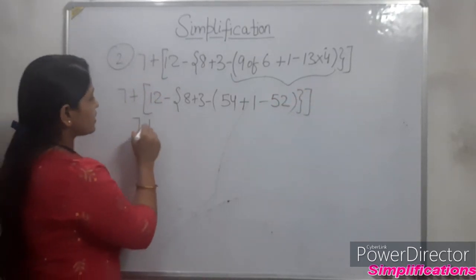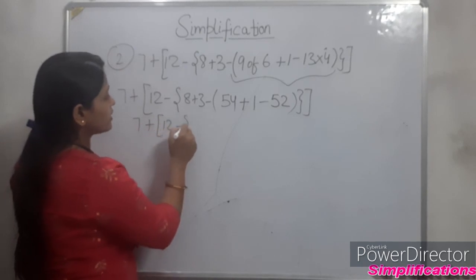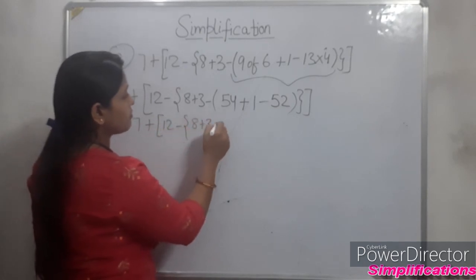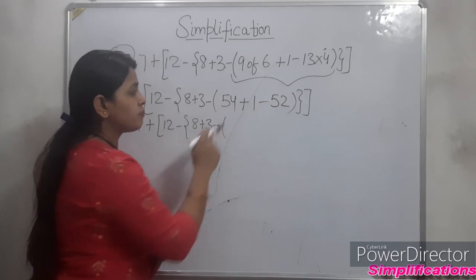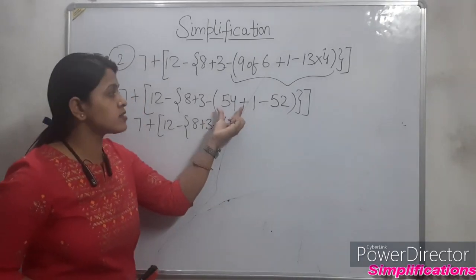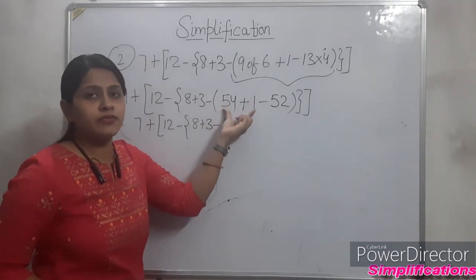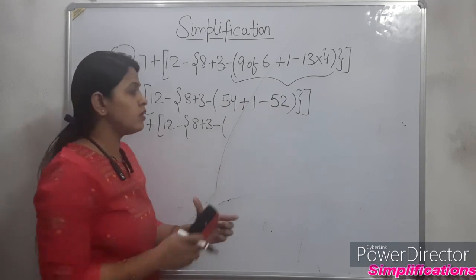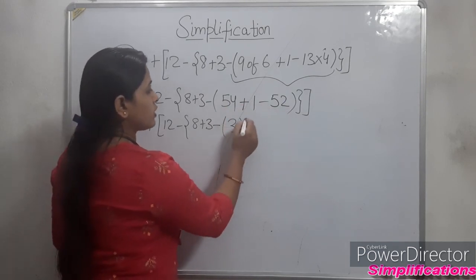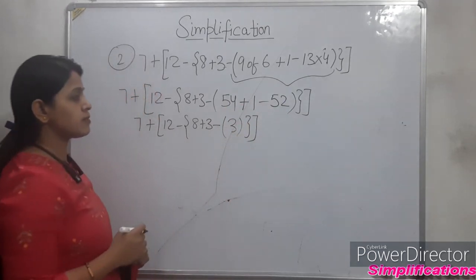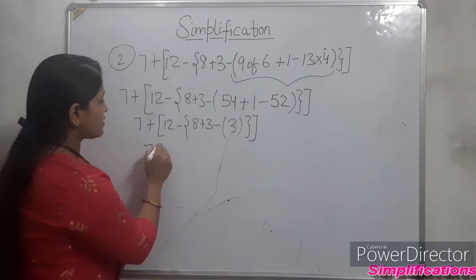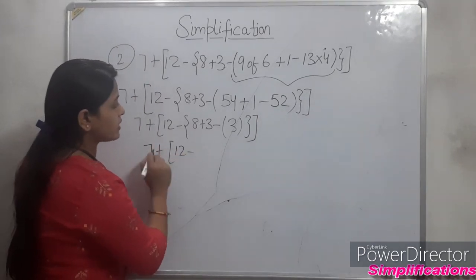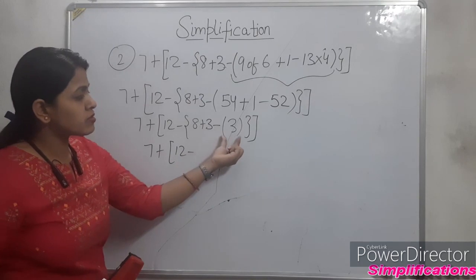Again, 7 plus 12 minus 8 plus 3 minus, 54 plus 1, because we have to do the addition first, 55. 55 minus 52, 3. Again all the 3 brackets have been closed. Now 7 plus 12 minus, here we can remove the small bracket.